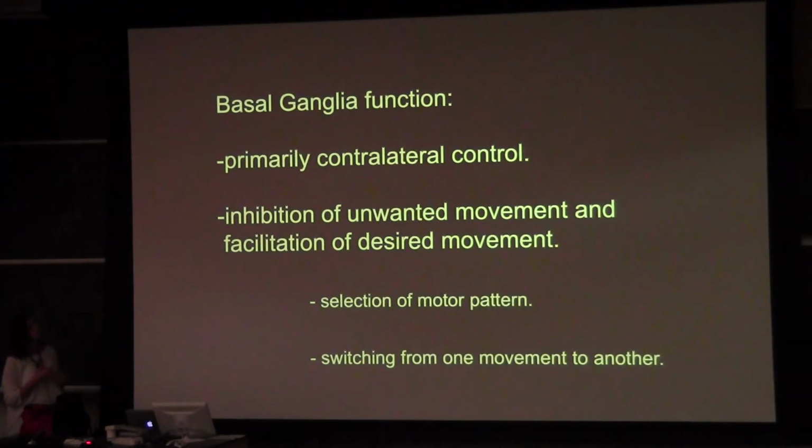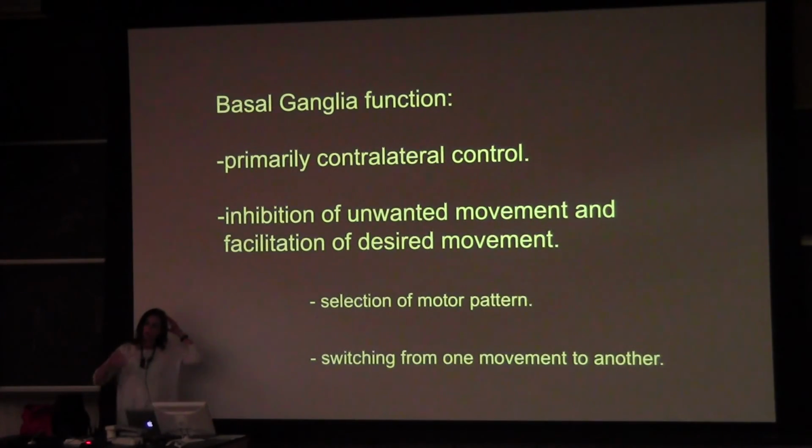So just some basic facts. Basal ganglia function for contralateral control. The basal ganglia talk to the motor cortex on the same side, and what that means is that it's going to control the opposite side. So your left basal ganglia will lead to right-sided problems if you lesion it, and vice versa. That's different than the cerebellum. Remember, the cerebellum has ipsilateral control.